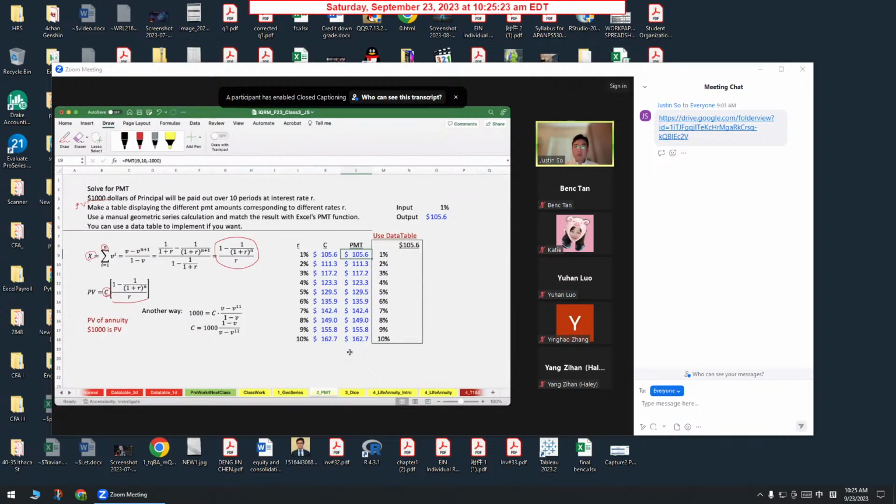Now, if you use the payment function in Excel, it's very simple if you put the inputs correctly. Using the interest rate, 1%, number of payments, 10, and this is -1,000. The principal amount is -1,000. Why -1,000? If you put +1,000, you will get a negative number.